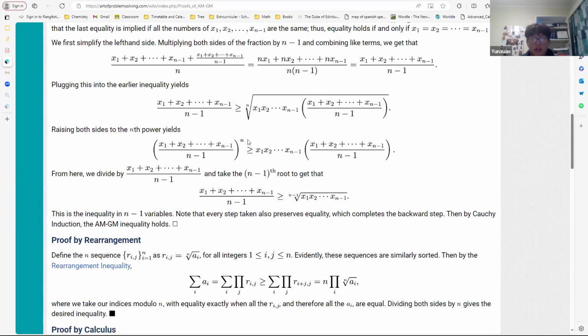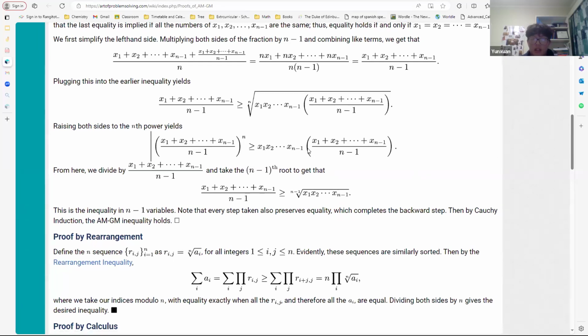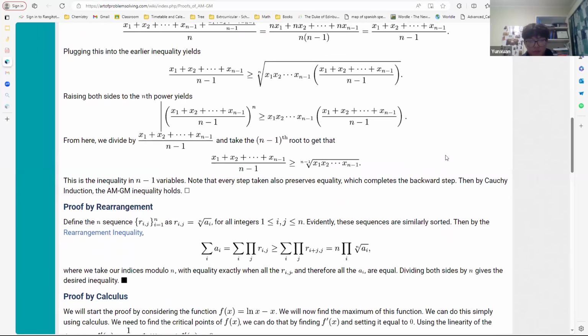So we would just take everything to the power of n, which gets us the arithmetic mean of x1 through xn minus 1 to the power of n is larger than or equal to x1 times all the way to xn minus 1, but times (x1 plus all the way to xn minus 1) divided by n minus 1, which is the same thing as this side, but to the power of 1 instead of to the power of n.